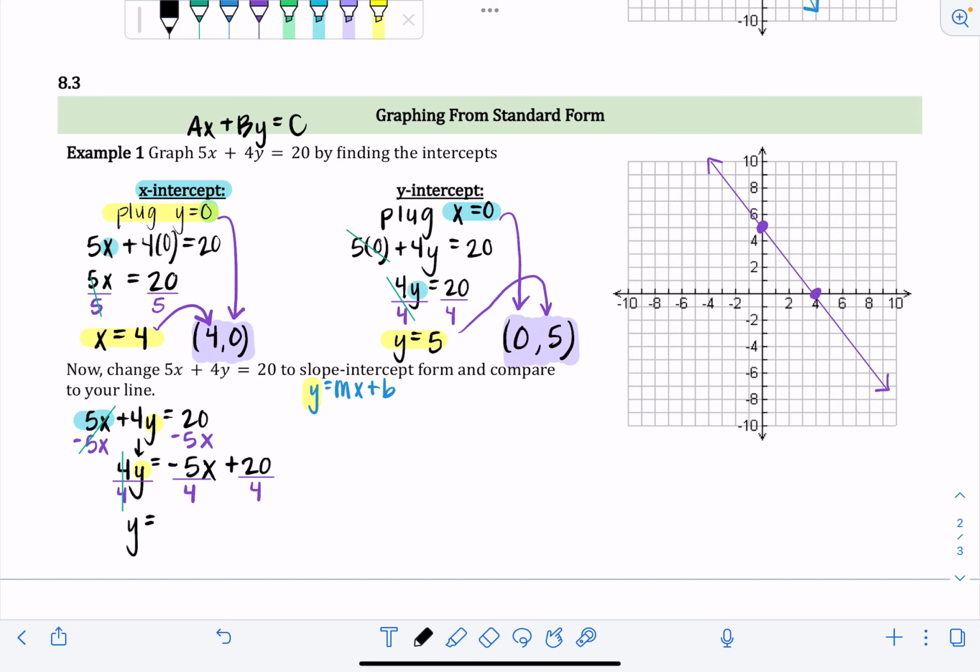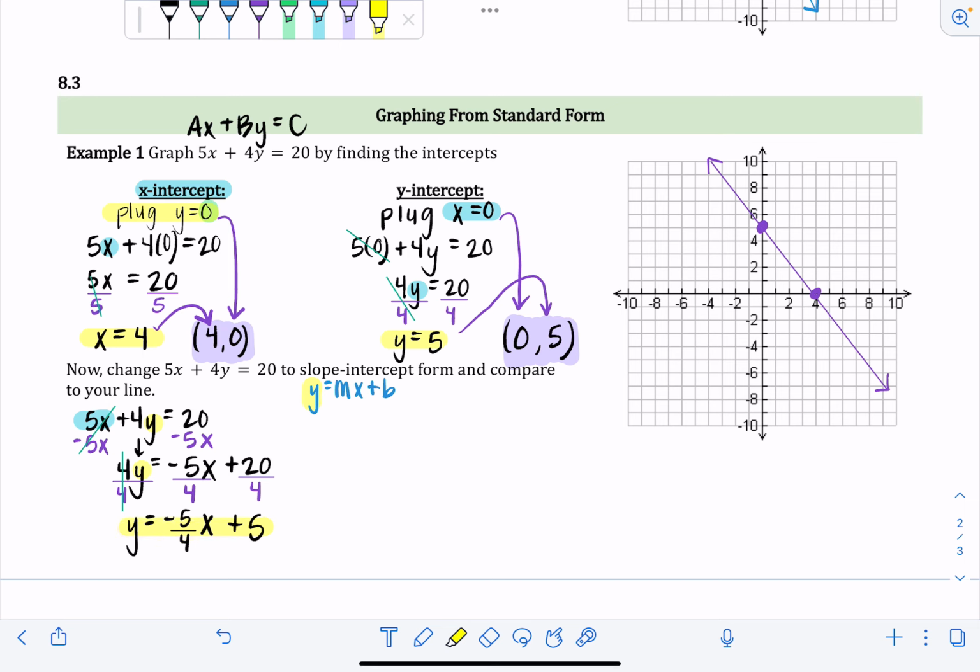And then negative 5/4, we're just going to leave that as a fraction. It's not divisible by 4, so it's best just to leave it as a fraction, especially when we're dealing with graphing, because we always view slope as a fraction. So negative 5/4 times x, and then this is 20 divided by 4, so plus 5. And then now we changed it into slope-intercept form.